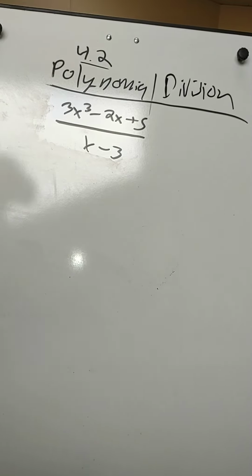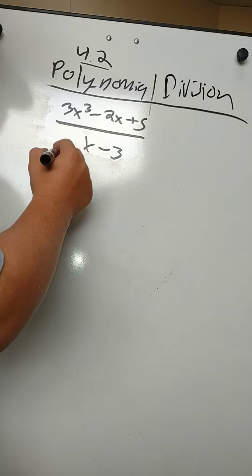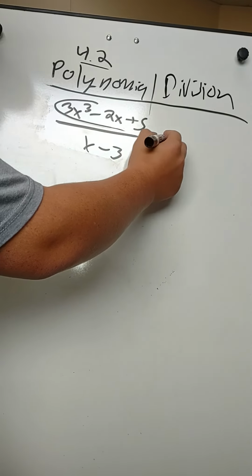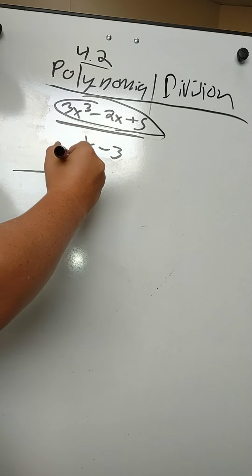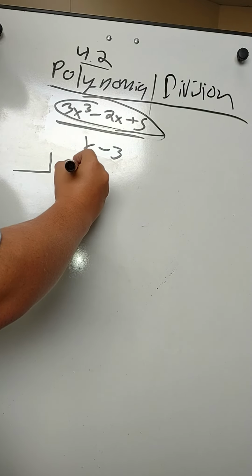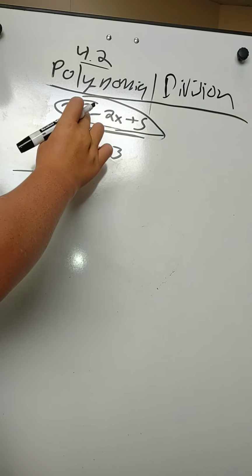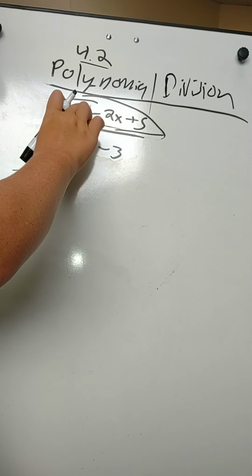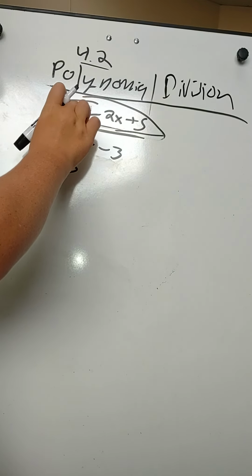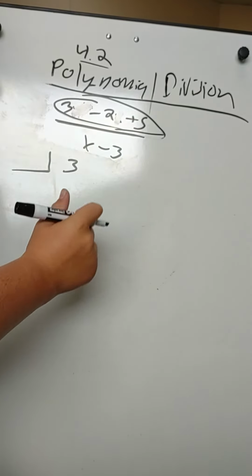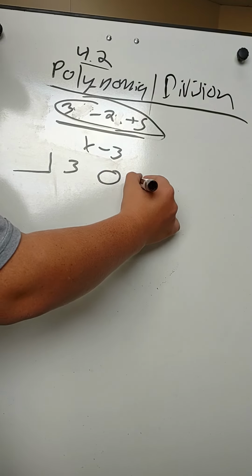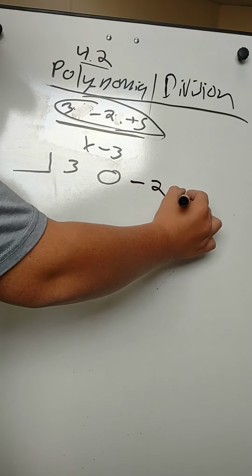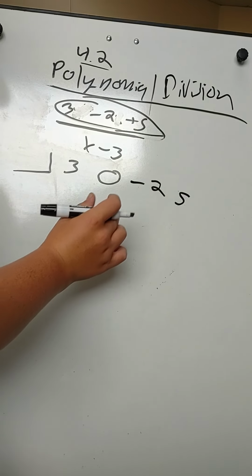So to do synthetic division, it's going to be pretty close to the same process when putting the top part into our, not box, but the area we divide. So we still need a placeholder. Pretty much what we're doing is just dropping our variables. So we're going to go 3, 0, -2, and 5.